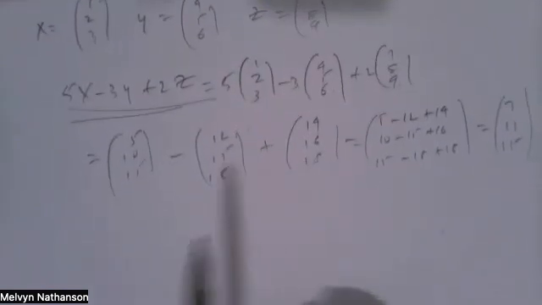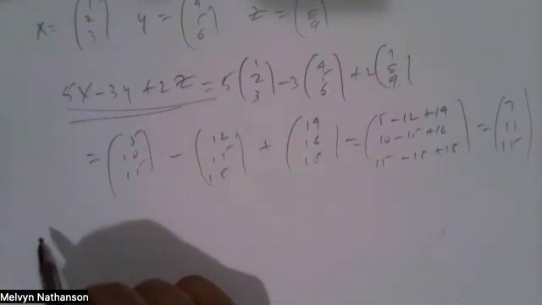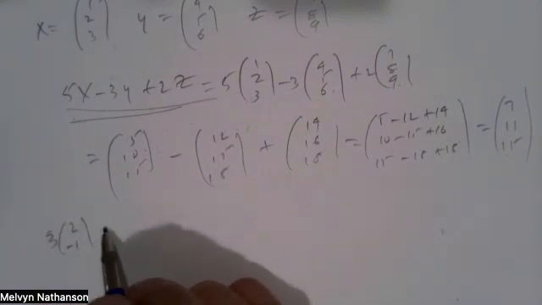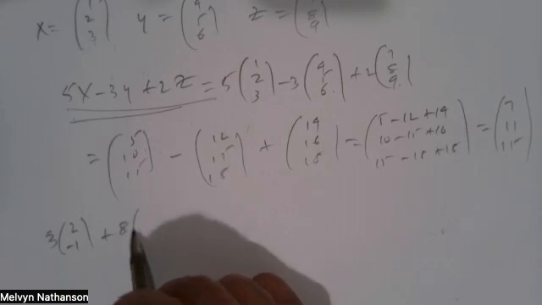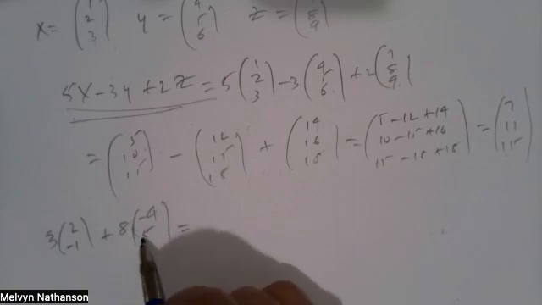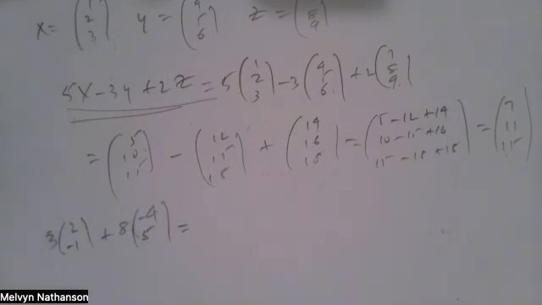Here, take a piece of paper and compute the following. Suppose I take, you compute this, 3 times 2, minus 1, plus 8 times minus 4, 5. Spend a second and compute this vector.